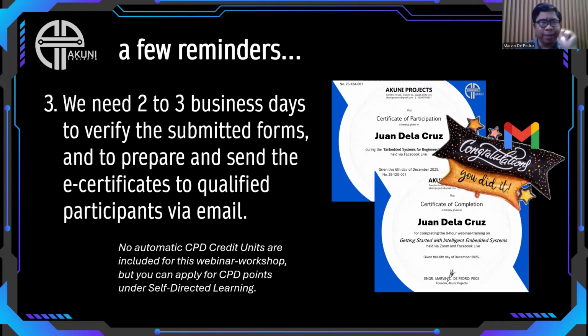So basically, you will have to fill out a form from PRC and then submit that form along with your copy of this certificate, okay, to earn the corresponding CPT points.